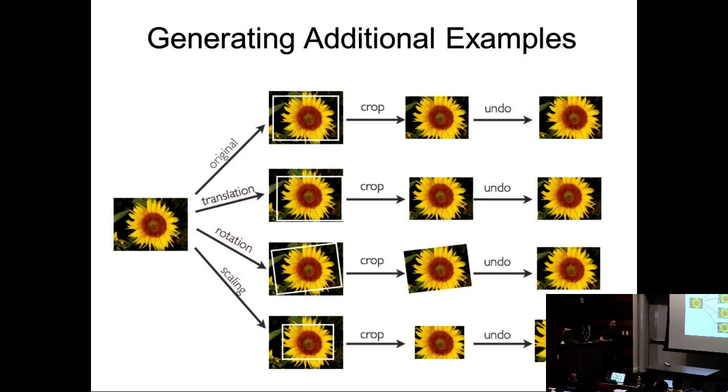There isn't a single method that can do it. The best performing systems today are just using these things. It's cheap. You can do it on the fly. You don't need to have labels because you know what the label of the original input is. You're just generating a whole bunch of different examples. You just have to be careful how you're generating them, right? Because if you generate something that's not realistic, then you can hurt the performance of the model.